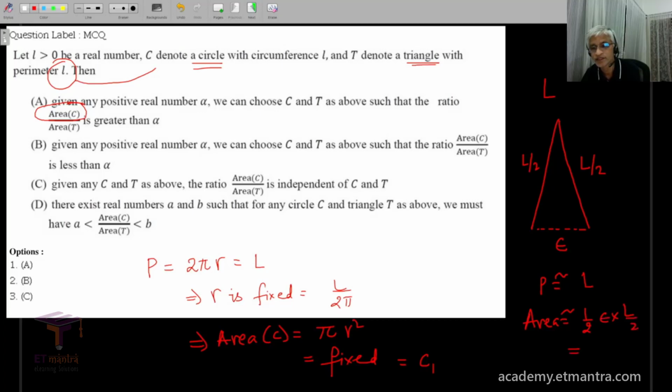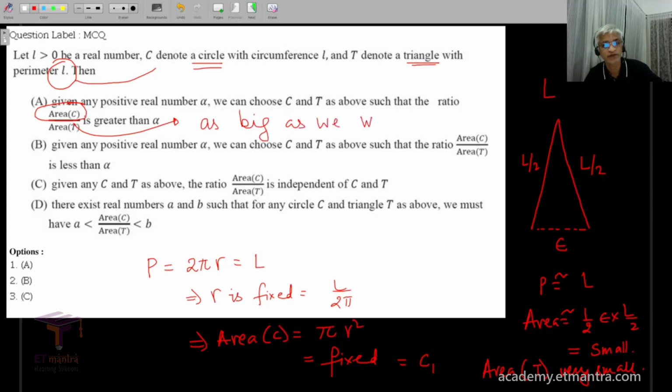So this is small. By taking epsilon extremely small, you can make the area of the triangle very small. And that means that this ratio can always be made as big as we wish by reducing the area of the triangle.